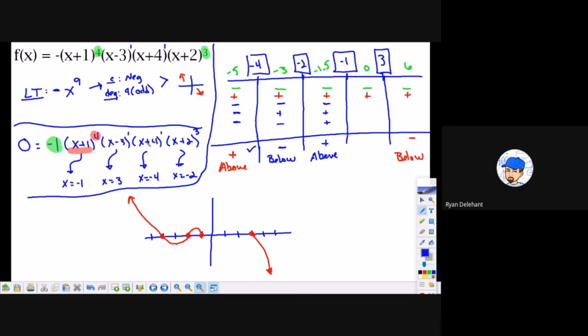Plug in our 0. So 0 minus 3 is negative. 0 plus 4 is positive. And 0 plus 2 is also positive. So that means, let's read this, be careful, because this is where you don't want to jump to conclusions yet. Two negatives, that's even, so that means overall we're going to be positive, and it says my graph should be where?